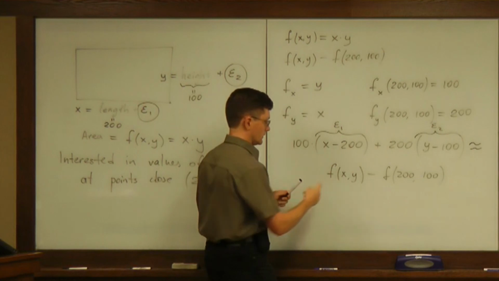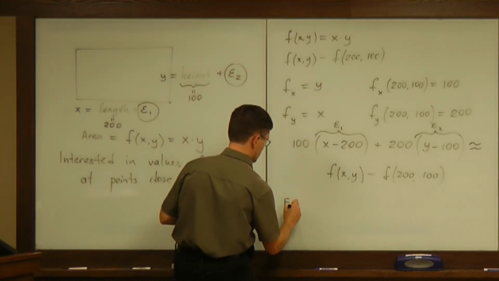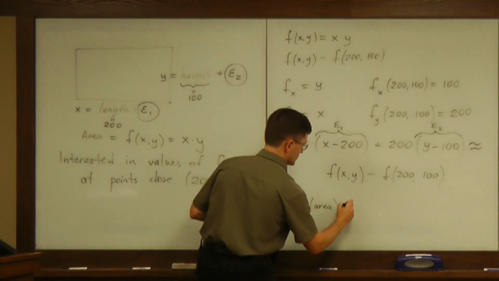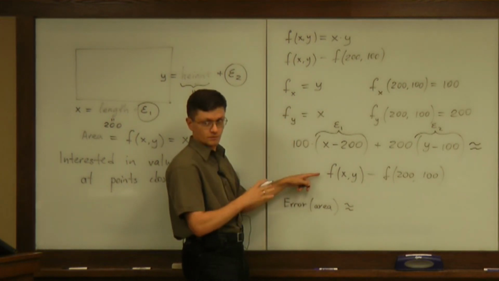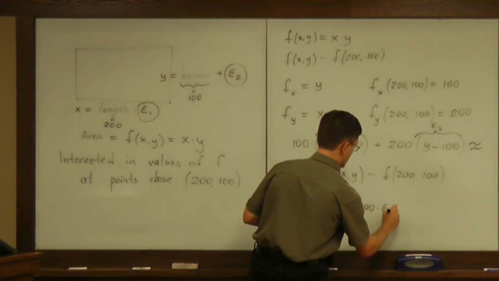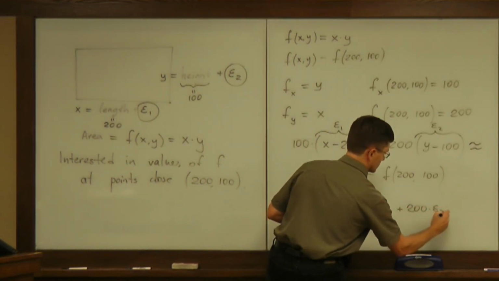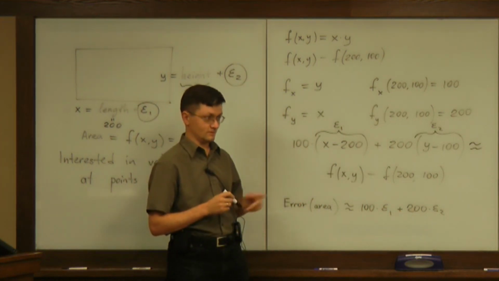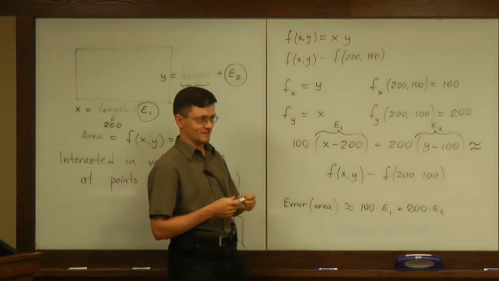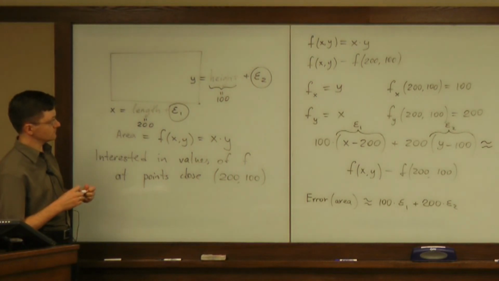So the total error in the area is approximately, not exactly, but approximately, equal to 100 times error 1 plus 200 times error 2. And now you should tell me which one is more important. Height. The height.